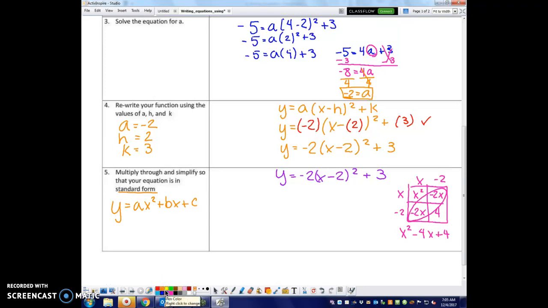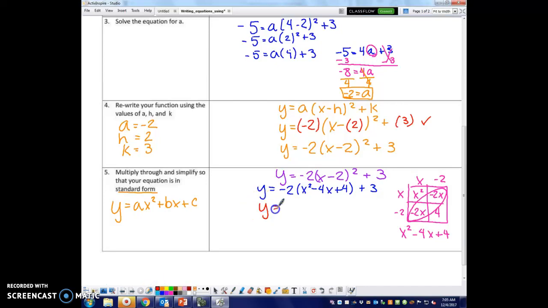So we're going to plug it in. Y equals -2. Instead of writing this, we're writing this. Okay, same thing. X squared minus 4x plus 4, plus 3. Okay, the next step is to multiply.